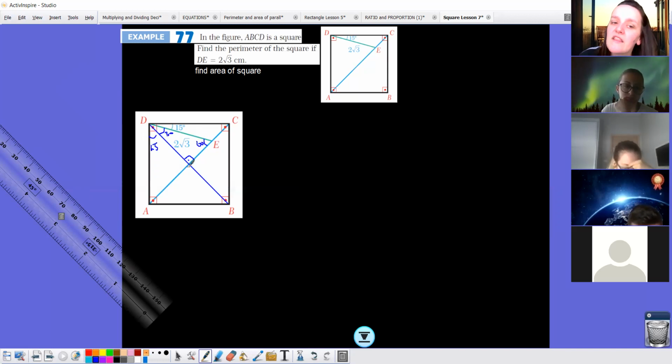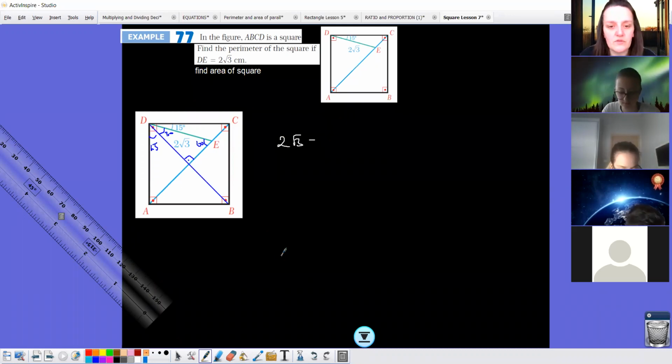And the side opposite the 90 degrees is 2 root 3. Do you remember how we were saying: opposite 30 is a, opposite 60 is a root 3, and opposite 90 is 2a. So 2 root 3 is, let's say, for this one, not a, but let's say b, because it will be a times a, square.